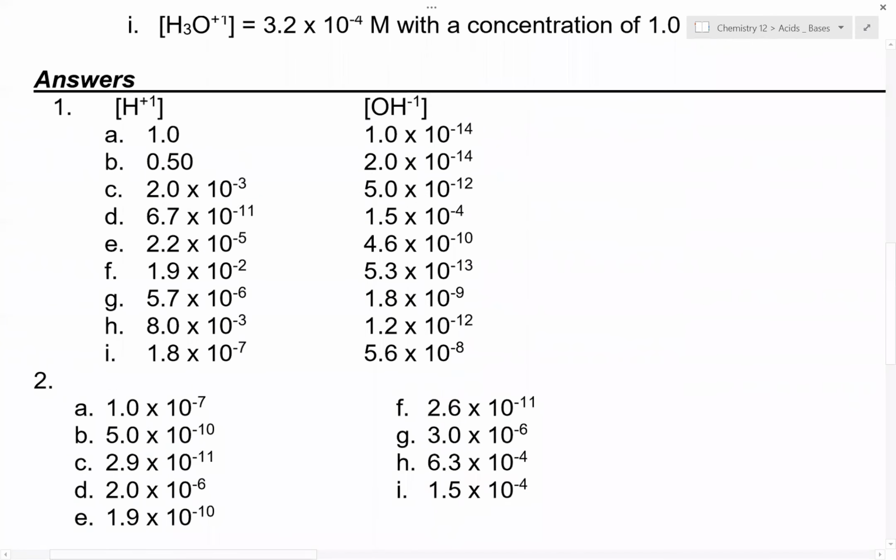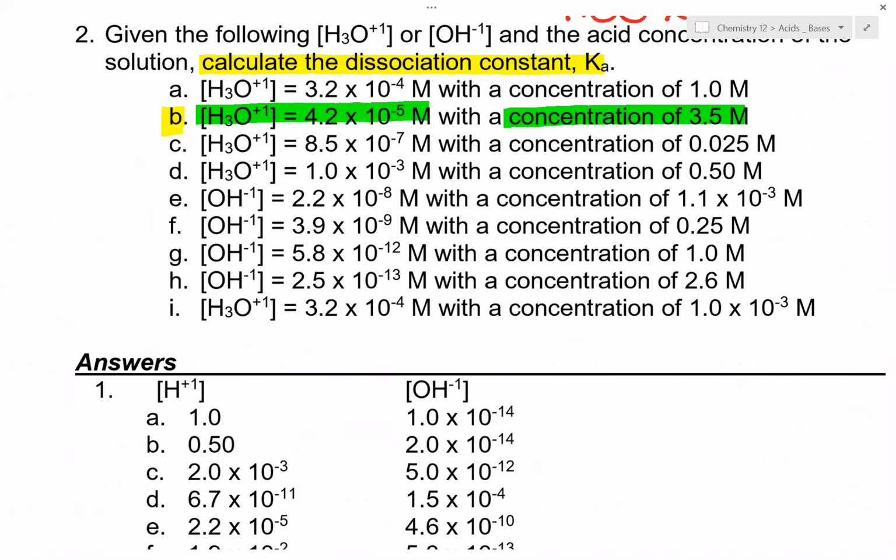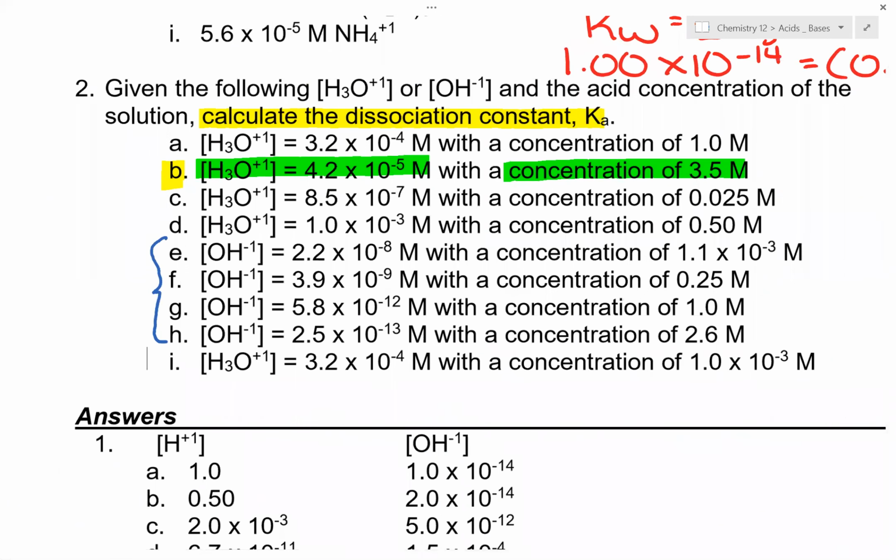Now, one thing for you to be aware of is notice E, F, G, and H. Same type of questions, but notice they gave you OH minus 1. So it seemed kind of contradictory that you are given OH minus 1 when you're asked for the acid concentration, when you're given the acid concentration in the question.